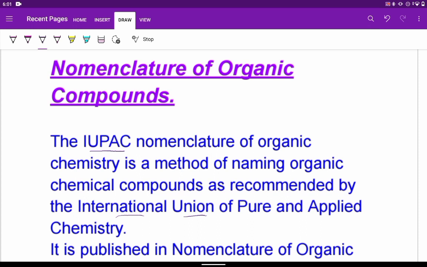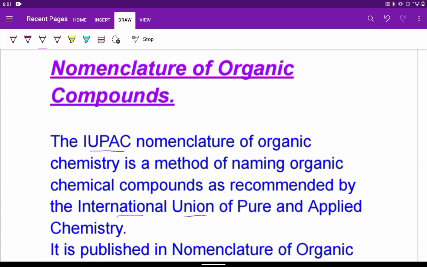If we follow these rules, first of all, wherever you go, these rules are followed, so we can say it is universal, as the name suggests, international. At the same time, this also gives us a rough sense of what the chemical structure of that particular compound will be.